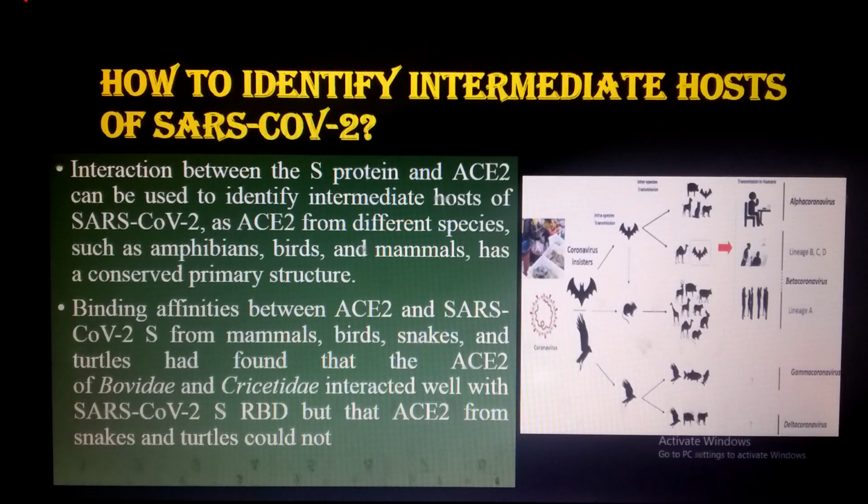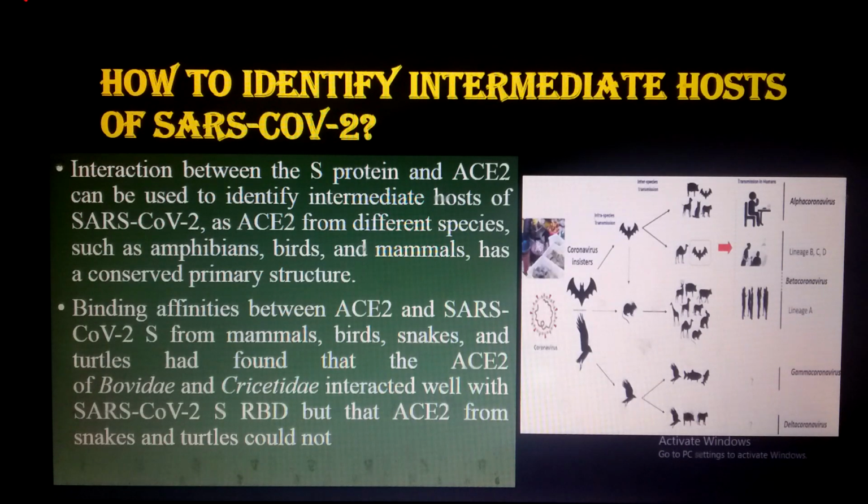I have discussed in detail about the hosts of the coronavirus and how it is transmitted from birds to bats, then bats to birds and animals, and then from animals to human beings. The reason is that ACE2, which is the receptor for the SARS coronavirus 1 and 2, is common in all these amphibians, birds, and mammals.